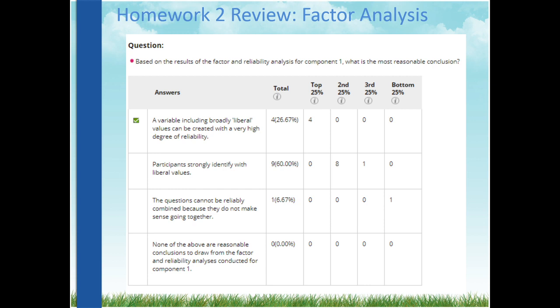That's the purpose of the factor analysis. The second answer, participants strongly identify with liberal values, we simply don't know. That's not the purpose of the factor analysis, so that's not a conclusion you can draw from it. The other two answers weren't particularly relevant for most folks. But this is the big differentiator. Remember, running the factor analysis is about identifying how the questions group together, not the results.